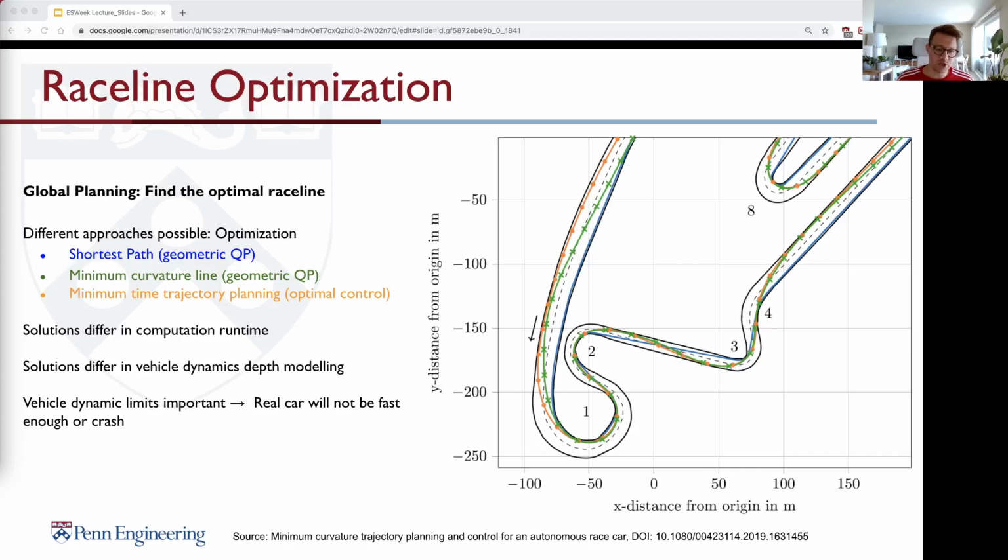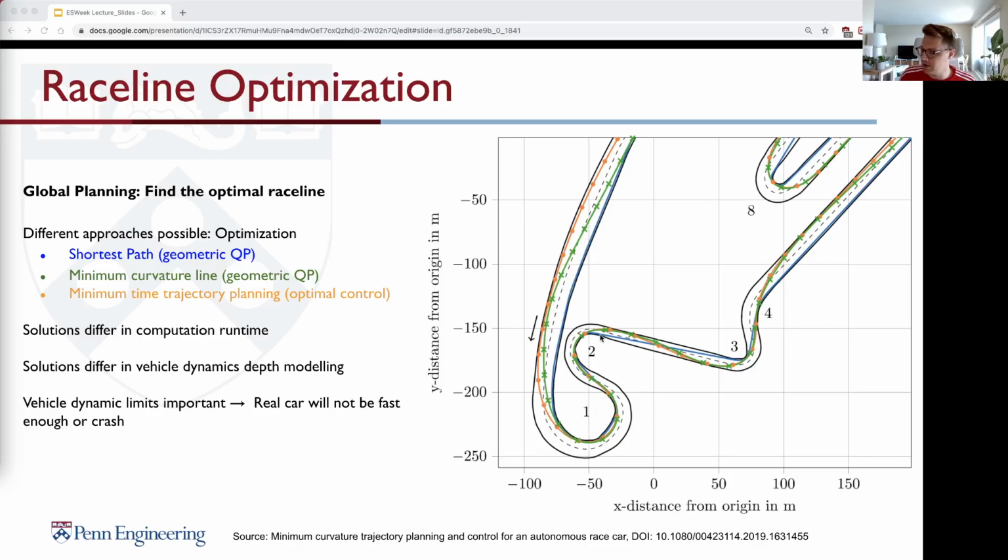Number one is shown here in blue, the so-called shortest path. In here, we are creating a geometric quadratic optimization problem. The shortest path is trying to minimize the distance you are traveling. You see that very well in the image: the blue line is going on the inner bounds of the track.